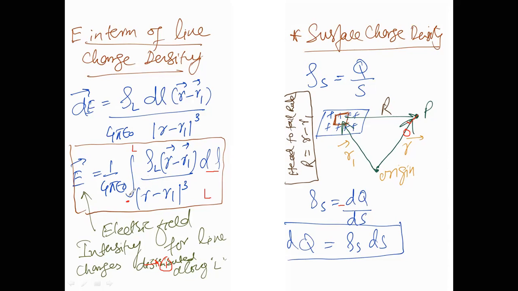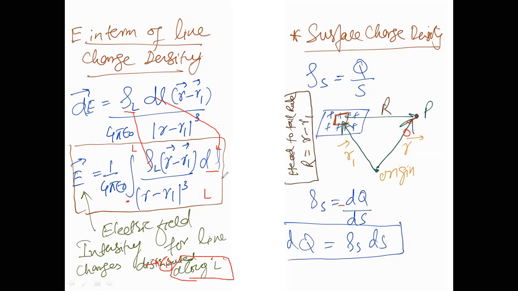Due to this whole length, the whole charges will be automatically collected. So we will write rho l dl integrated, r minus r1 divided by r minus r1 whole cube. This is the electric field intensity for the line charges distributed along the long line l.